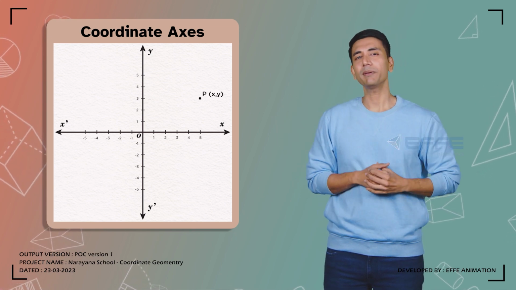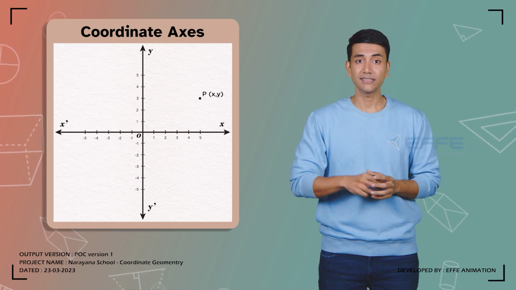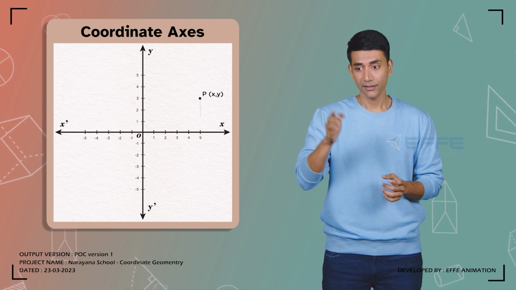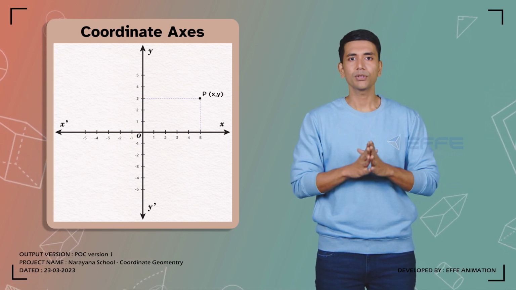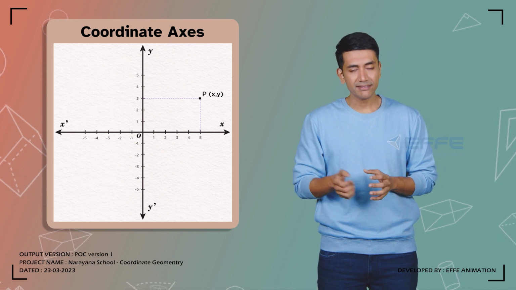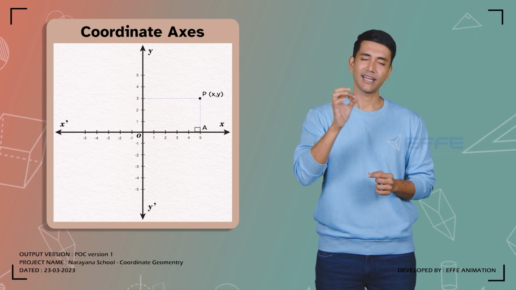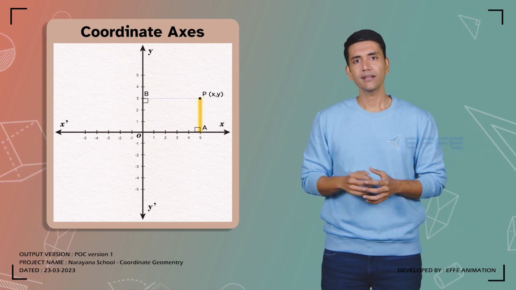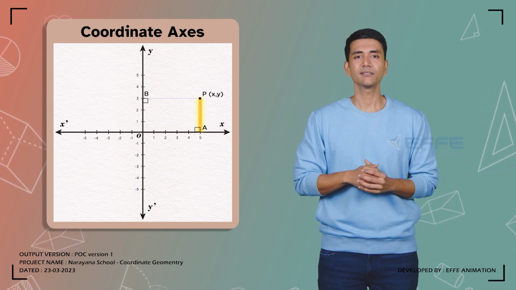Consider this point P (x, y). Now, let us consider two perpendiculars drawn from the point P to the x and y axis. Let both the perpendiculars meet the x-axis at point A and the y-axis at point B. So, PA is the distance of point P from the x-axis.